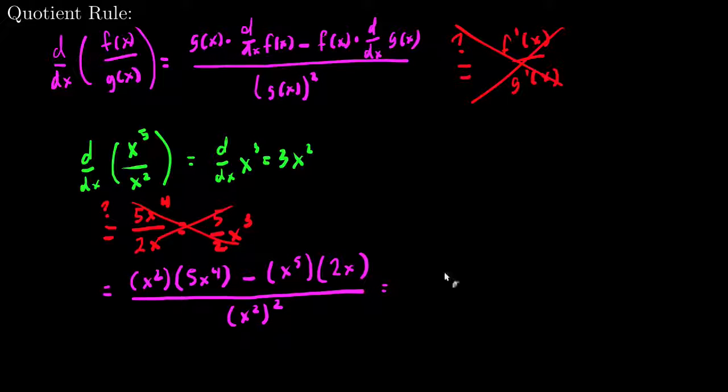Sending this through, I get 5x to the sixth minus 2x to the sixth, all divided by x to the fourth. 5 minus 2 gives me 3x to the sixth over x to the fourth, and subtracting the exponents gives me 3x squared.